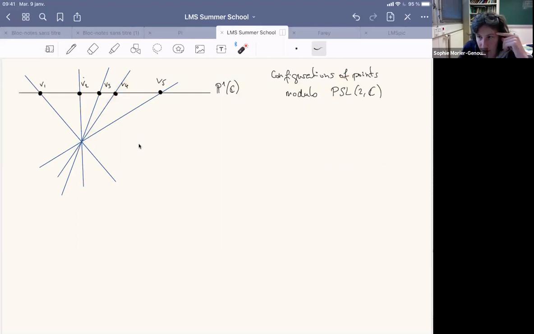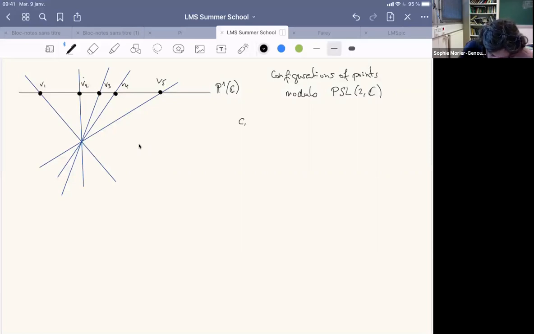So it's the invariant for this problem. And so when you have 5 points, if you want to consider these 5 points modulo a matrix of PSL2, or 5 lines modulo PSL2, you have 5 cross ratios to check if you want to send 5 to 5. So let's introduce the notion, the cross ratio.